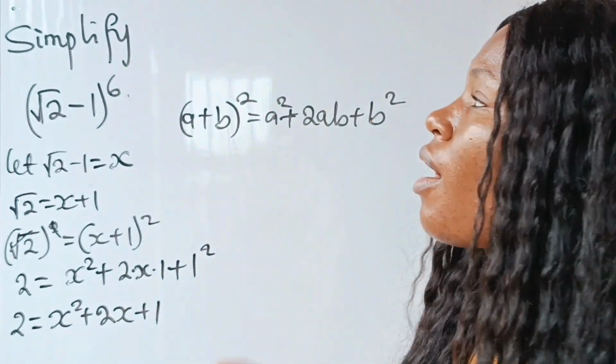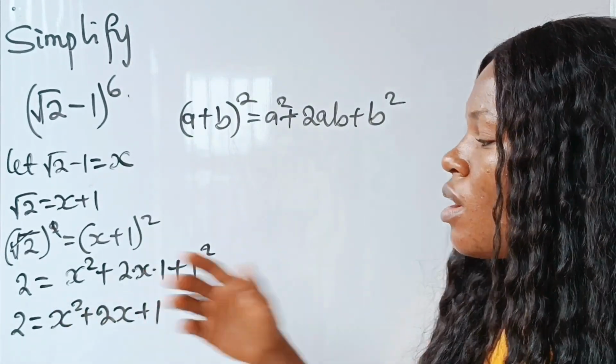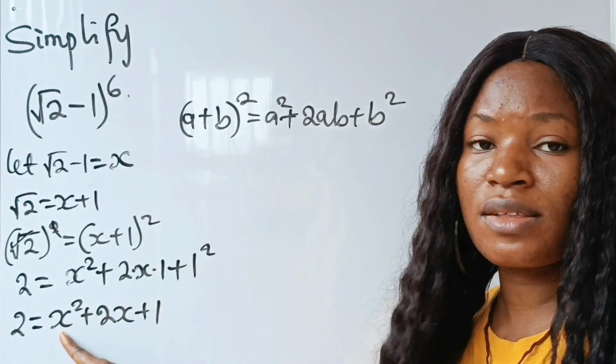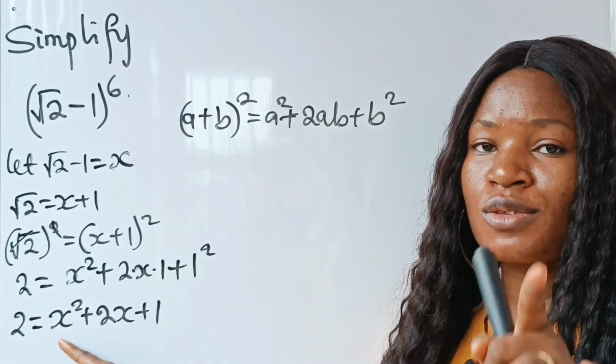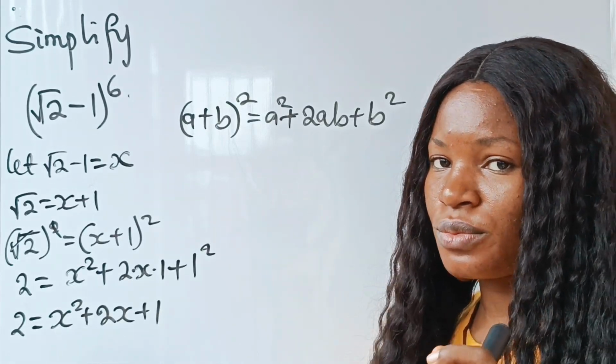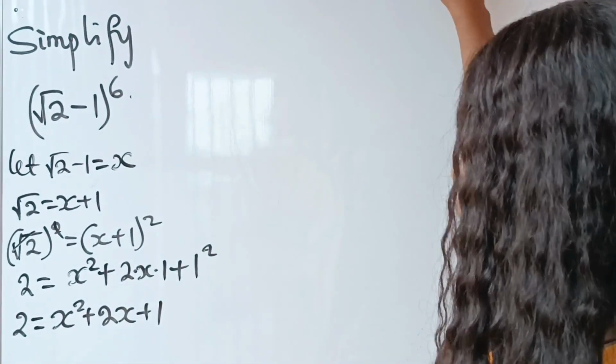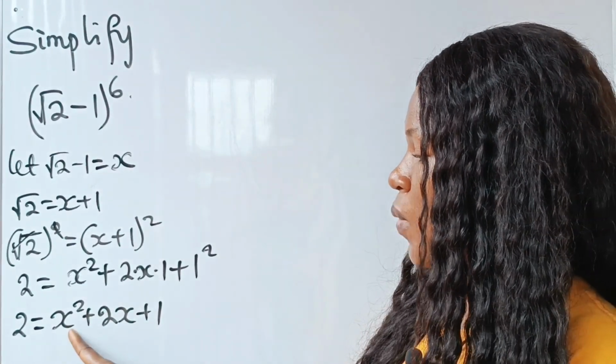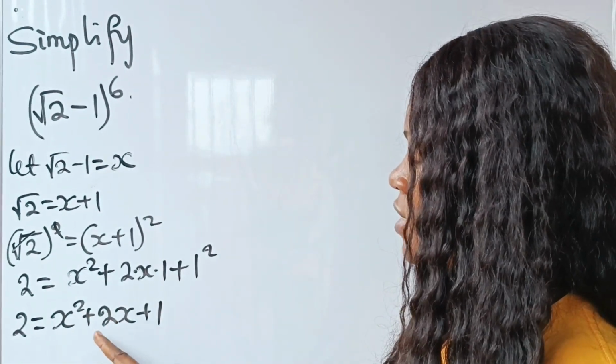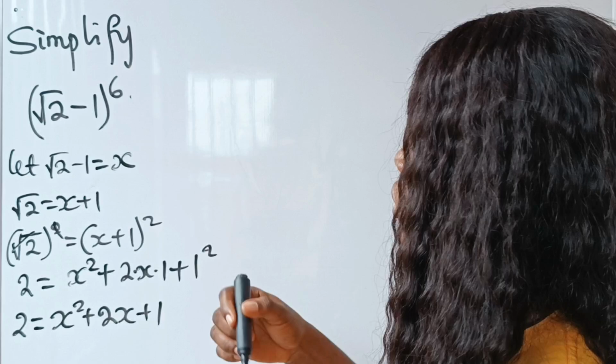Now I'm going to try to make x squared the subject of the formula, and I'm going to explain my reason soon. To make x squared the subject of the formula, I'm going to transfer everything here to this side of the equation.